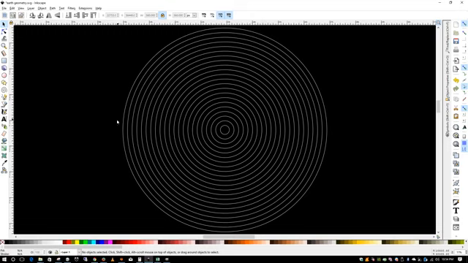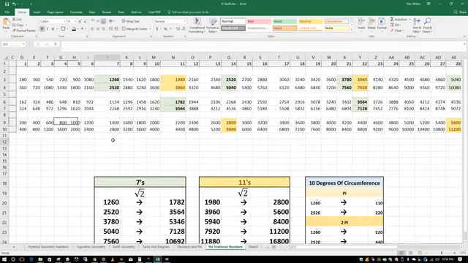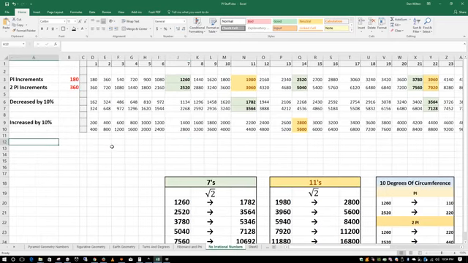But I'm going to show you both geometrically and just kind of show you how it is fractal in a way. So if we take a look at our spreadsheet here, these are the numbers, and if we use pi increments, which is 180, then this is what it looks like. And when we get to 22, we actually get the radius of the Earth.